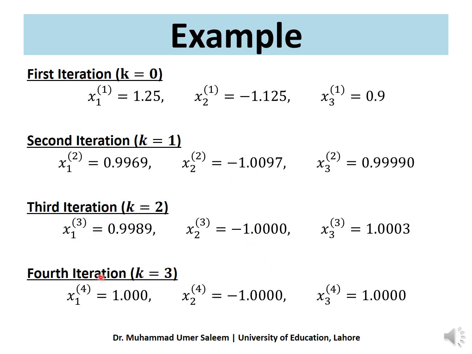If you look, for all three equations the maximum error is less than 0.5 times 10 raised to the power minus 1. So all the values are 1 decimal accurate. This means the whole system is 1 decimal accurate, and this is the required result.